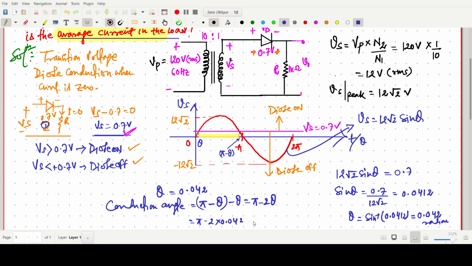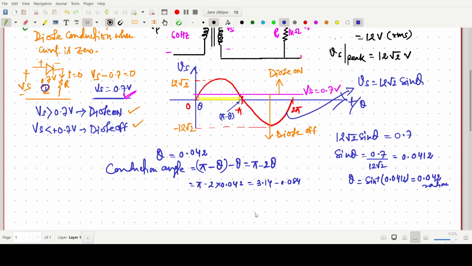If we solve, 3.14 minus 0.084 comes to nearly 3.06 radian conduction angle. Clear? This conduction angle is very important. In this case, this point is pi minus theta, so this much distance is our 3.06.